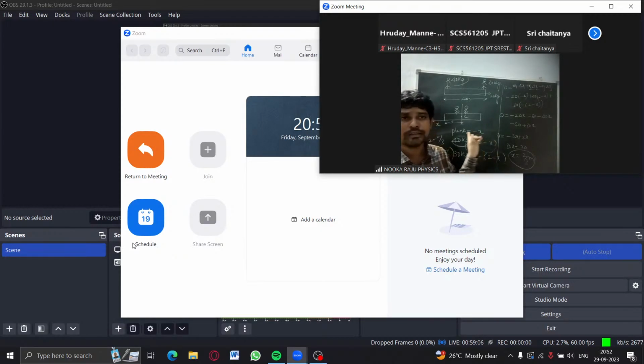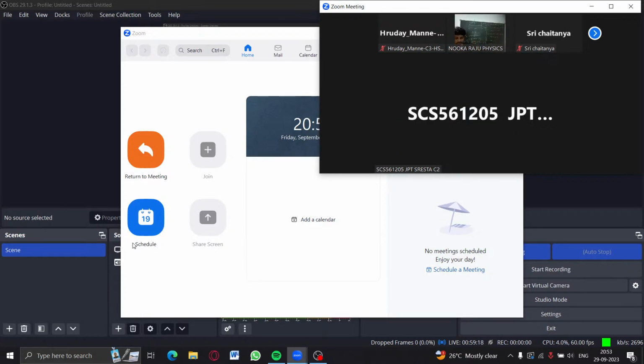Any doubt here? Sir, the 30 kg mass came towards the center back. That's why we took minus, sir.